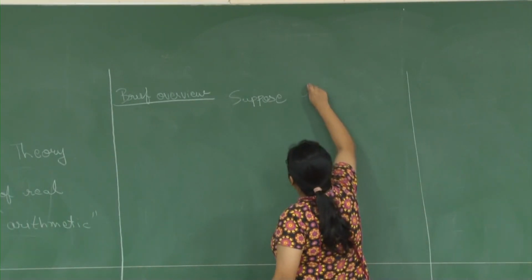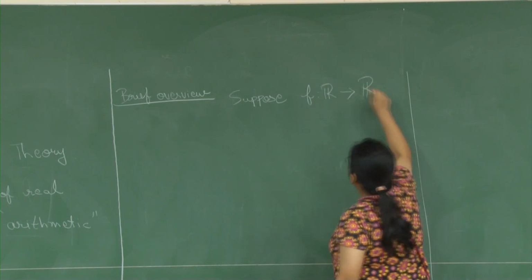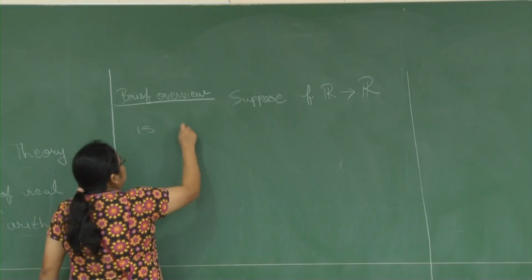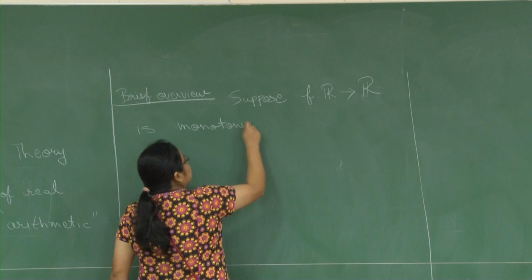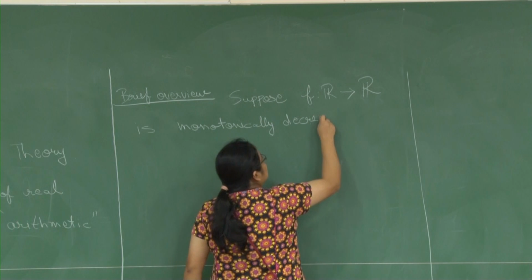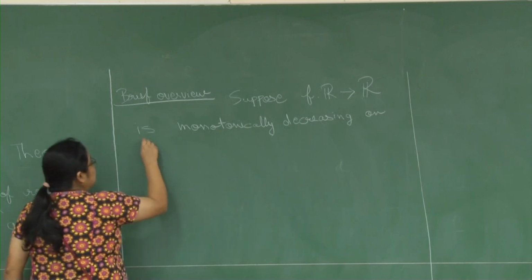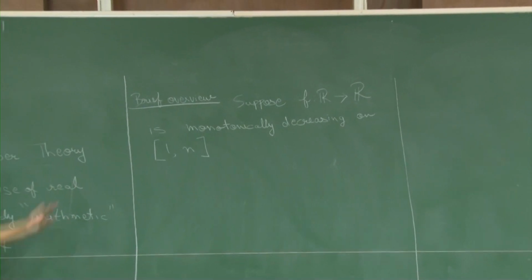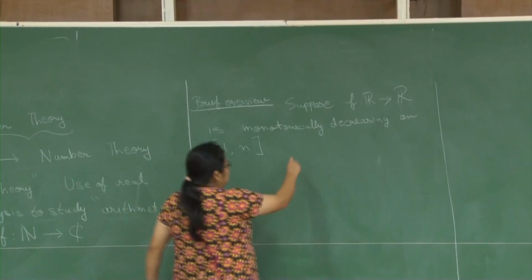So, suppose you have, let us start with real valued functions which are defined on the real line, okay, and suppose such a function is monotonically decreasing on some interval, let us say on an interval 1 to n, where n is some natural number. Later we can also replace it by some real number. This is just to keep things simple.